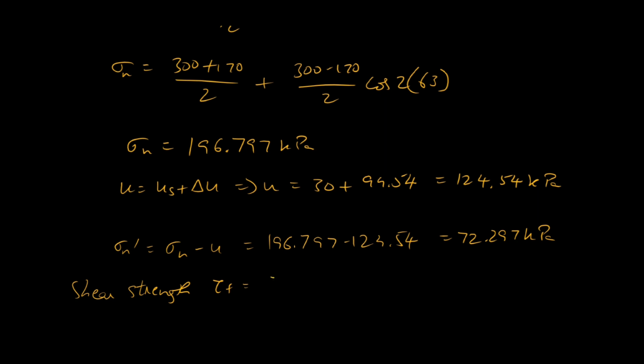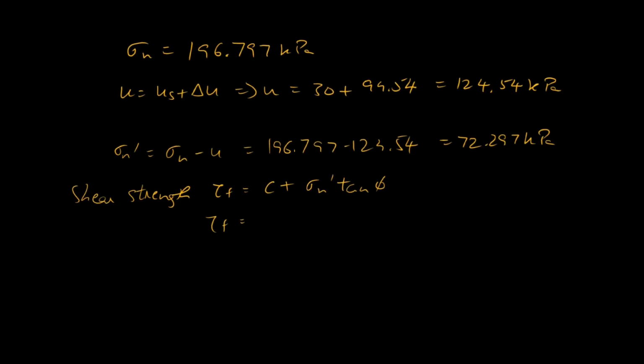Shear strength tau F will be c plus sigma n dash tan phi. Tau F will be c, which is nothing but 0, plus sigma n dash 72.297 tan phi, with phi equal to 36.